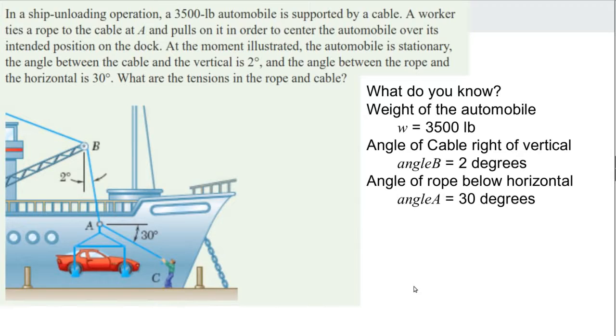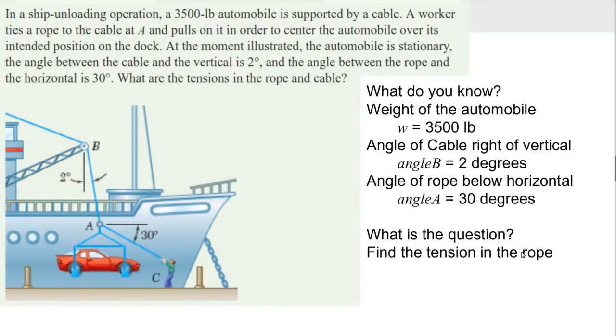The main thing when doing a word problem such as this is, what is the question? So we look up here and reread our problem statement, and we see that it's looking for the tension in the rope.